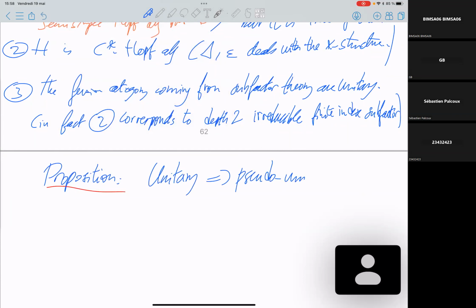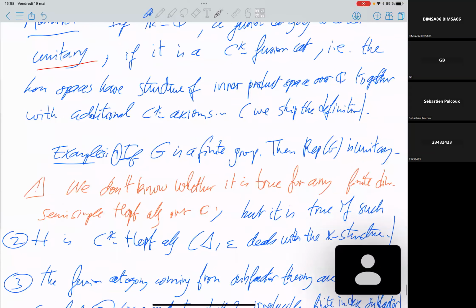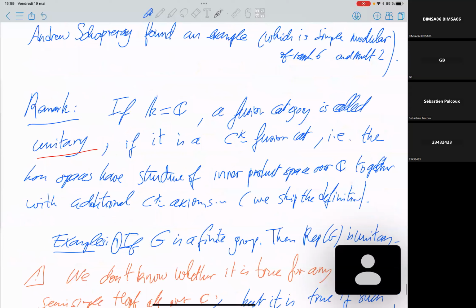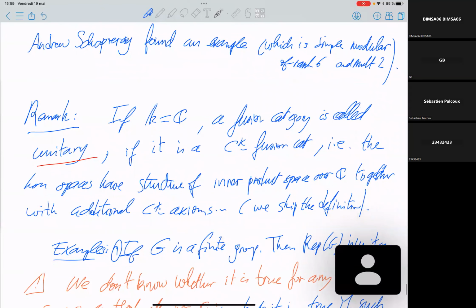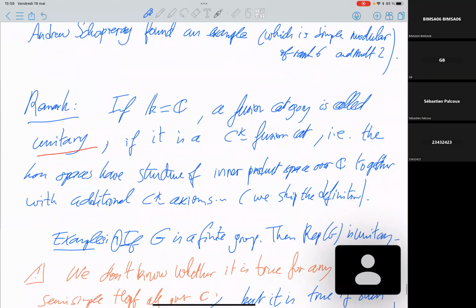So you see, pseudo-unitary is a purely algebraic notion. Categorical dimension equal the Frobenius-Perron dimension. Unitary, there is a bit of analysis. You need an inner product space and you need some C-star axiom.